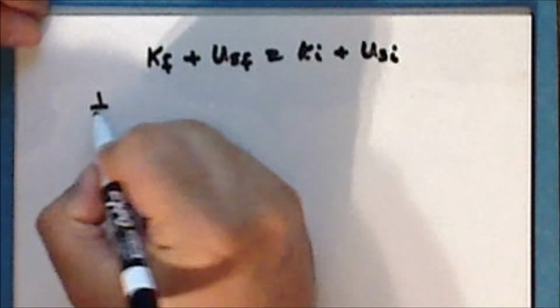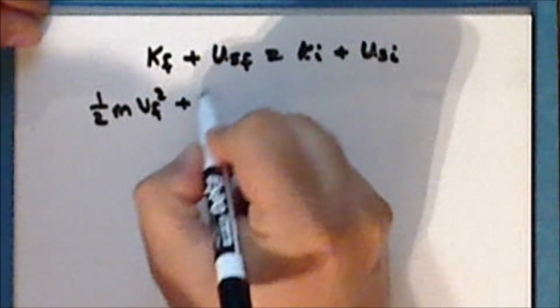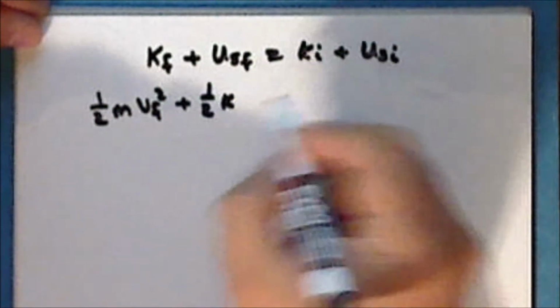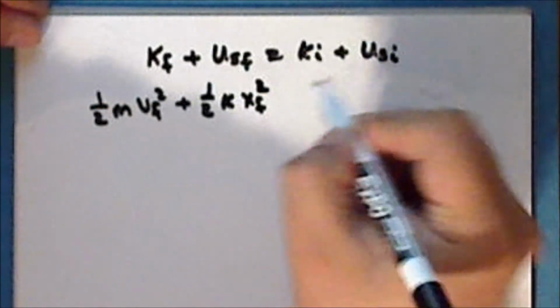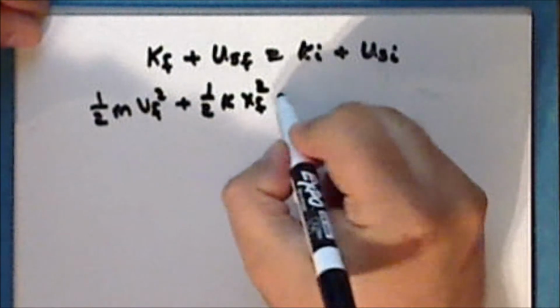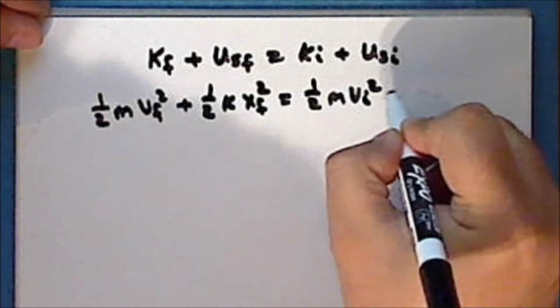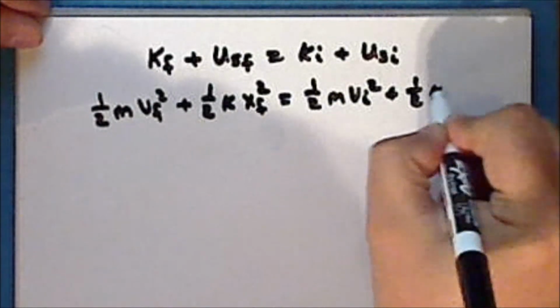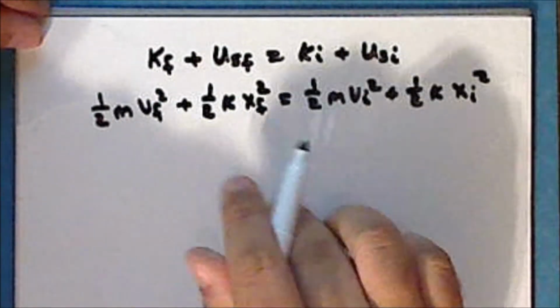And so we have 1/2 the mass of the ball times the final speed of the ball squared plus 1/2 the spring constant times the final position relative to equilibrium squared is equal to 1/2 the mass times the initial speed squared plus 1/2 the spring constant k times the initial position squared.